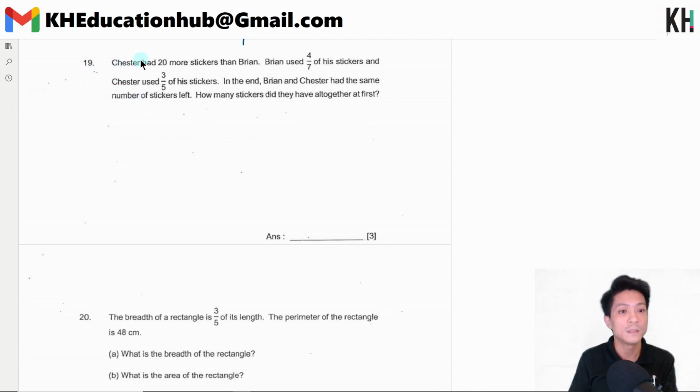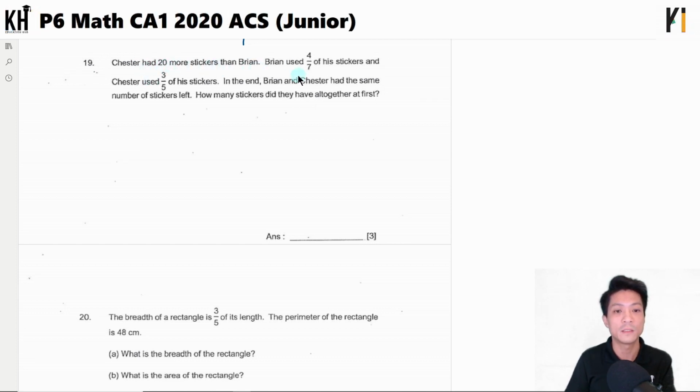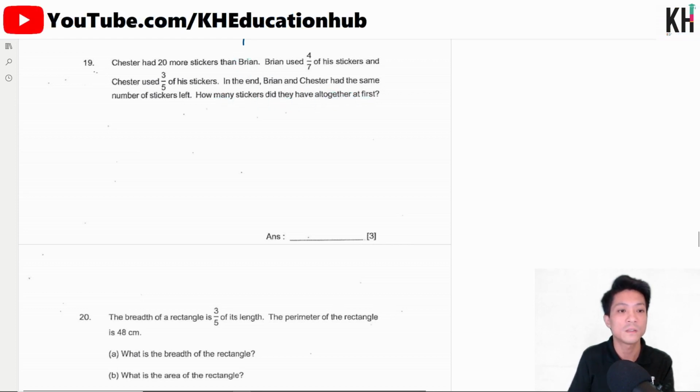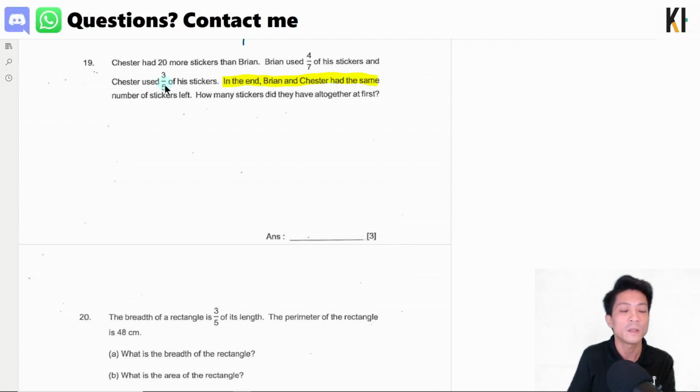Question 19. Chester had 20 more stickers than Brian. Brian used 4/7 of his stickers, and Chester used 3/5 of his stickers. In the end, Brian and Chester had the same number of stickers left. How many stickers did they have altogether at first? So in this question, the key thing you have to take note of is this sentence over here: they have the same number of stickers left.